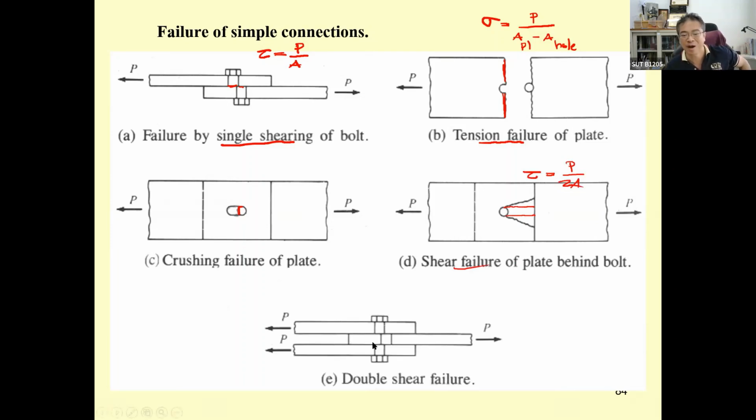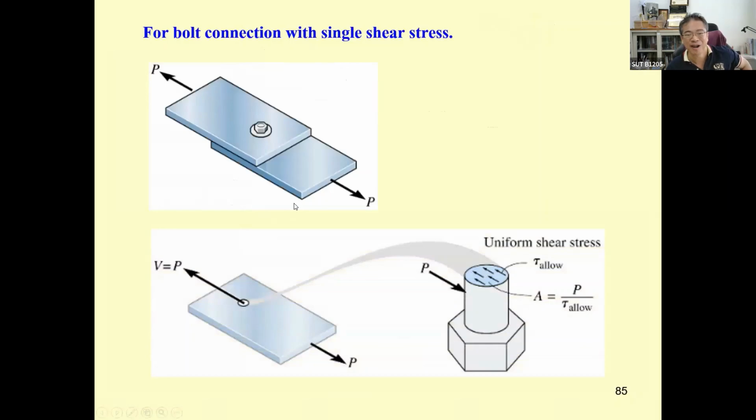And this one also is tau equal to P over 2A. And this one, you've got to compute the area of the plate in this area. I will discuss this later. So the single shear.